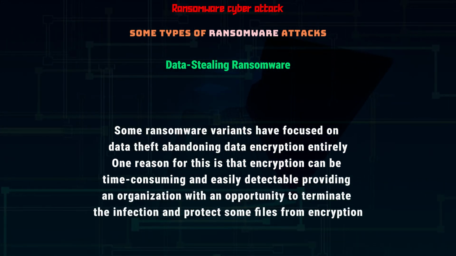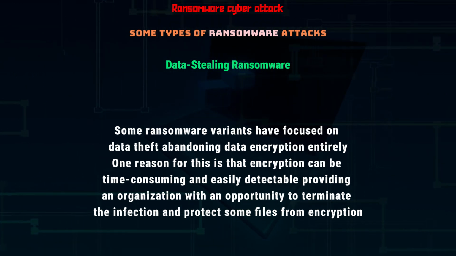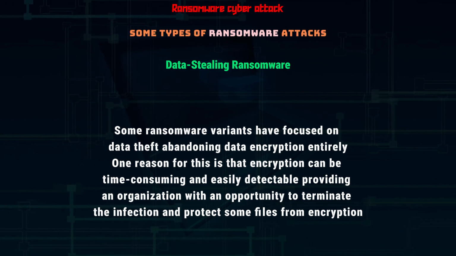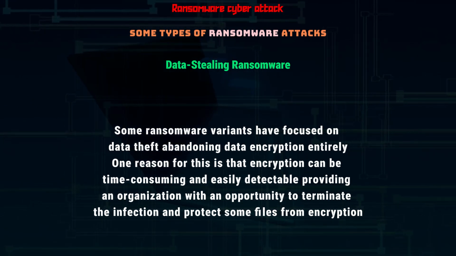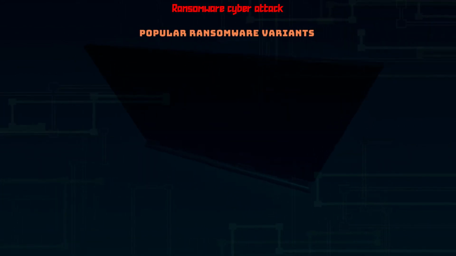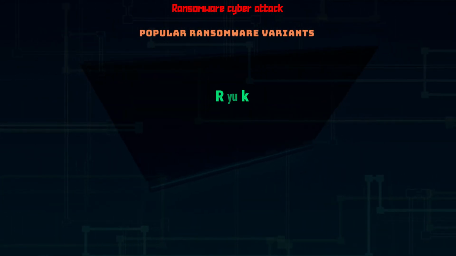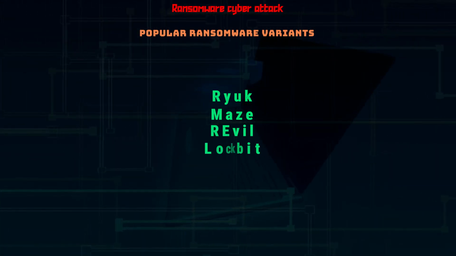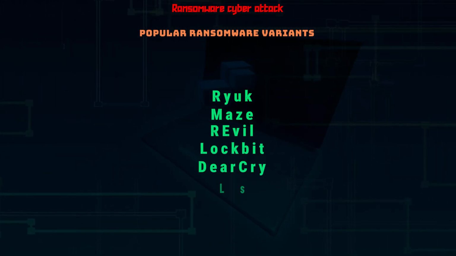One reason for this is that encryption can be time-consuming and easily detectable, providing an organization with an opportunity to terminate the infection and protect some files from encryption. We have popular ransomware variants like Ryuk, Maze, REvil, Lockbit, Deadcry, Lapsus.